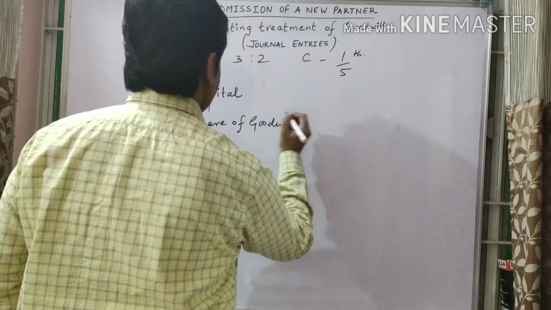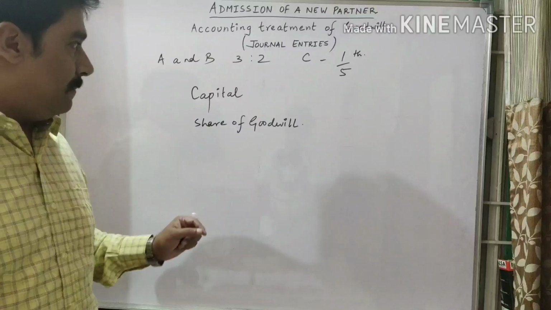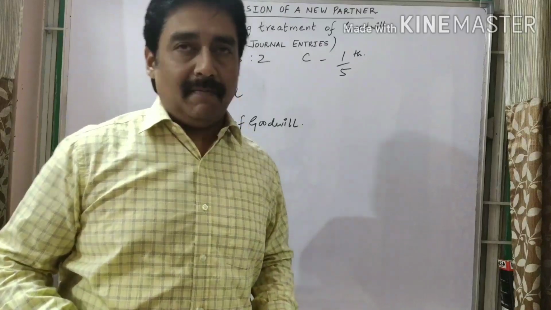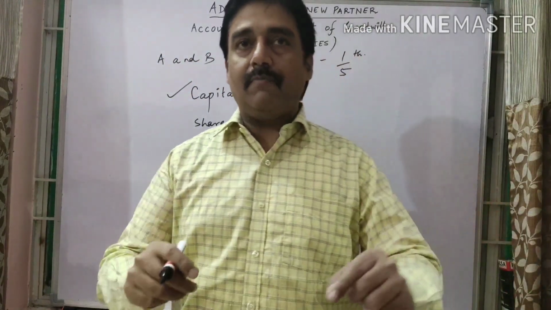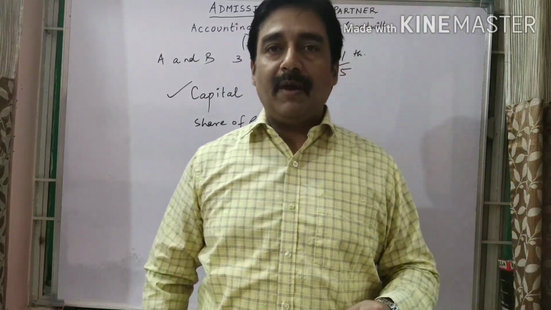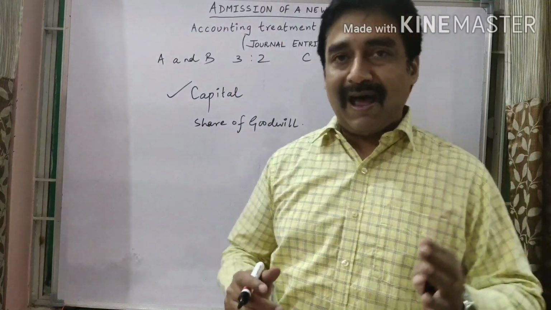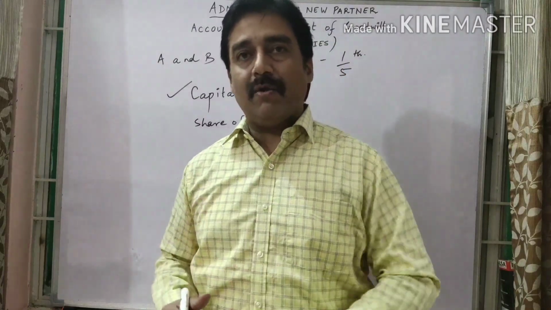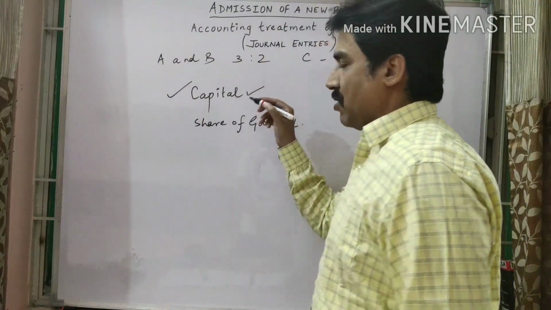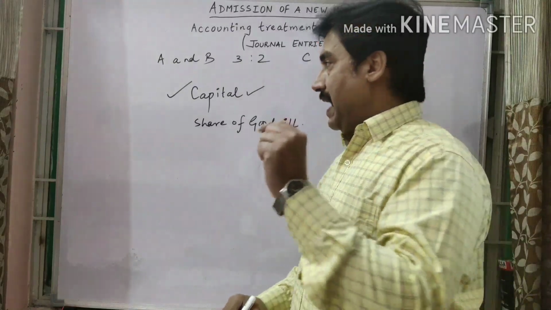The amount of capital is logically very understandable, because when a new partner is admitted into a partnership firm, he is also going to become one of the partners of that firm, and like all other partners, he should have a certain amount of capital invested in the business. So it is logical for him to invest a certain amount as capital at the time of his admission.